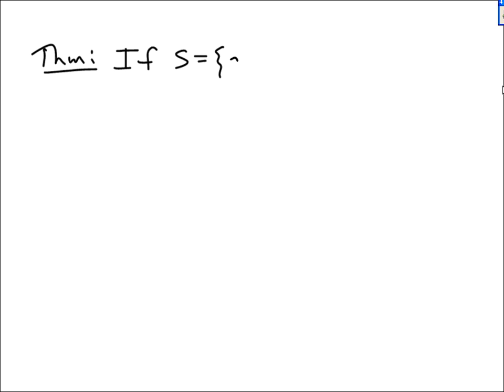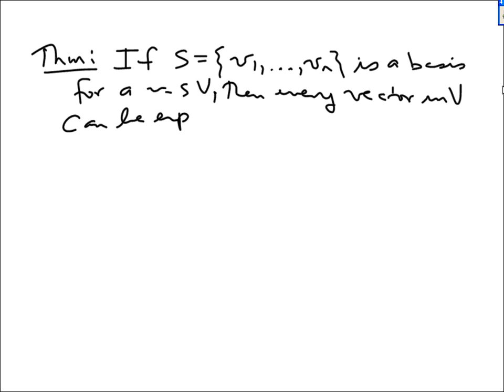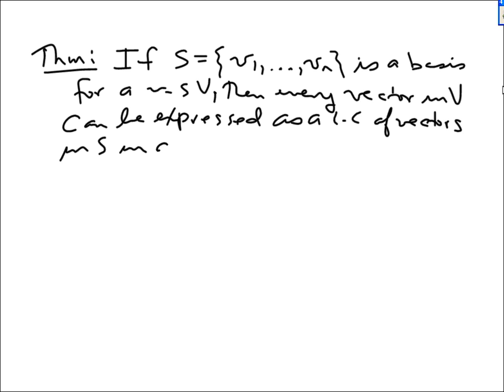If S, which is V1 through Vn, is a basis for a vector space V, then every vector in V can be expressed as a linear combination of vectors in S in a unique way.